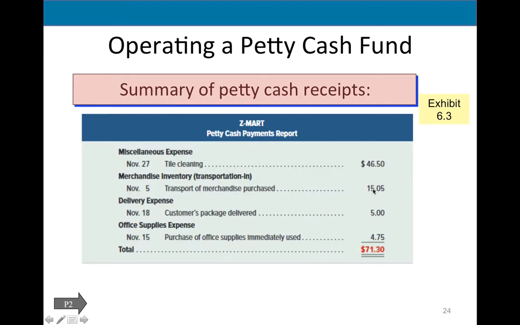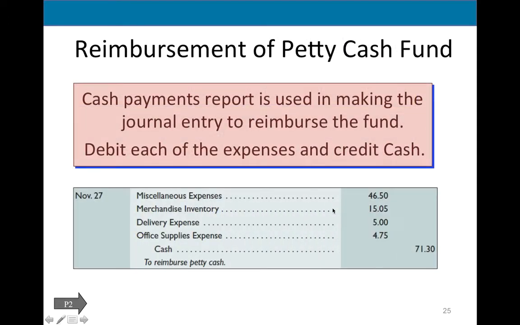The only exception here, and you will have it in your homework, is if we paid for freight in. Remember, freight in is not an expense, it actually goes as an increase to your merchandise inventory account. If we pay for transportation out, that would be delivery expense. But if you pay for transportation in, it would be a debit to merchandise inventory, and you credit cash for the amount, $71.30. That's the amount you are replenishing, reimbursing the petty cash fund.